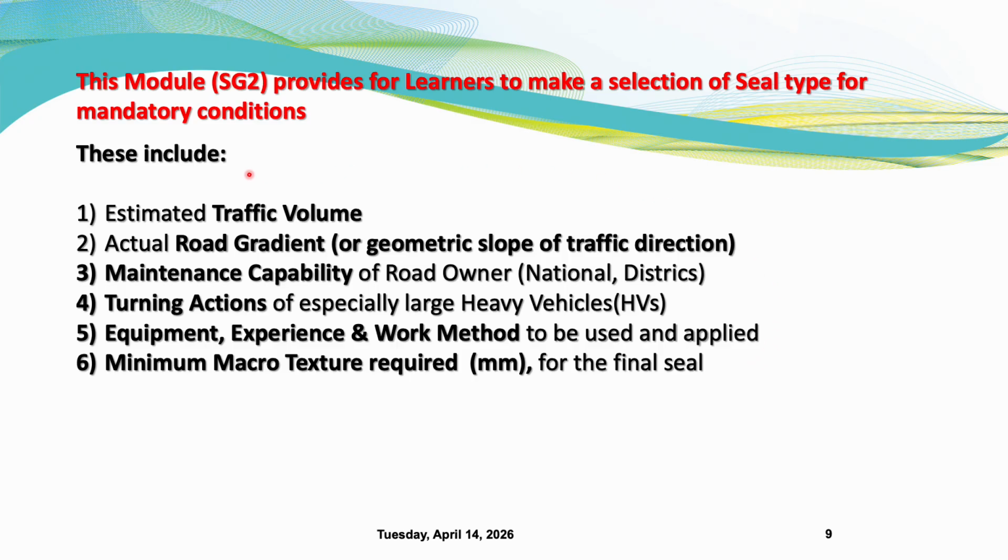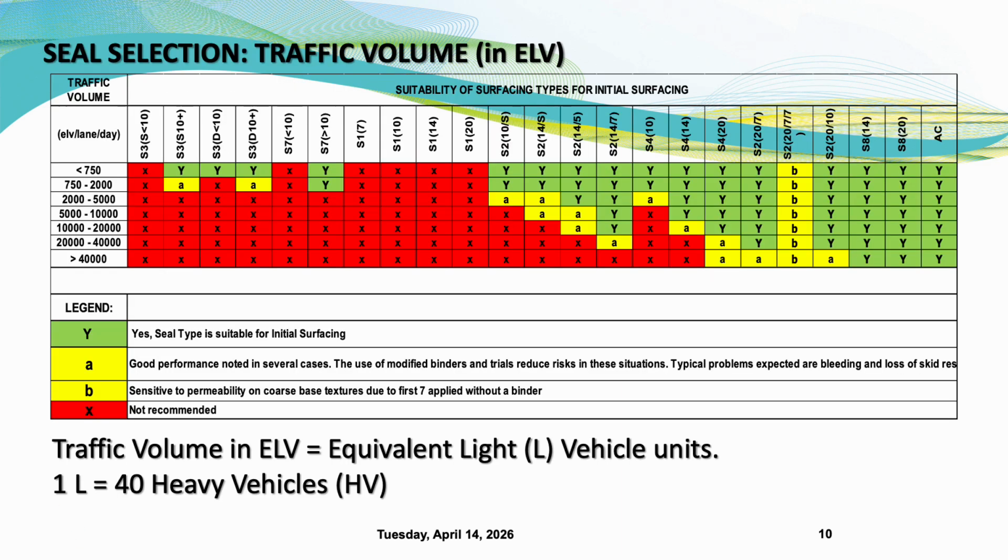So for a seal selection, you need to understand that there are 6 fundamentally important inputs into the way one can design surface seals or surface dressings. Now, the seal selection graph that I'm showing to you here, or the table, looks more aggressive than what it really is.